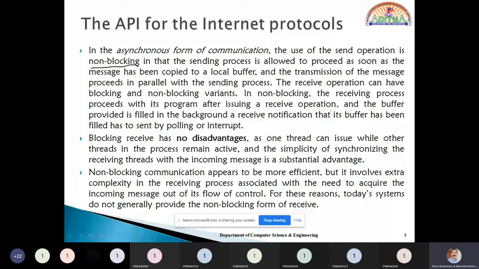If it is non-blocking, the buffer provided is filled in the background, and the receiver is notified that its buffer has been filled. So now it has to go for either polling or interrupt mode. When you say interrupt mode, that means it has to interrupt the process for sending. Now the receiver will interrupt the process to send another block of data.